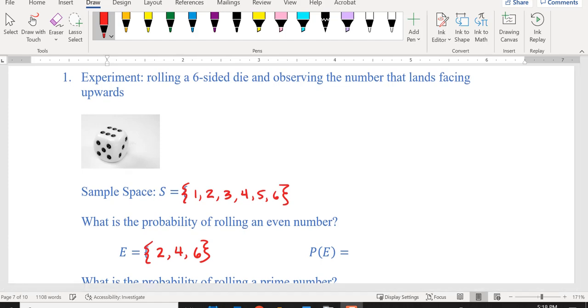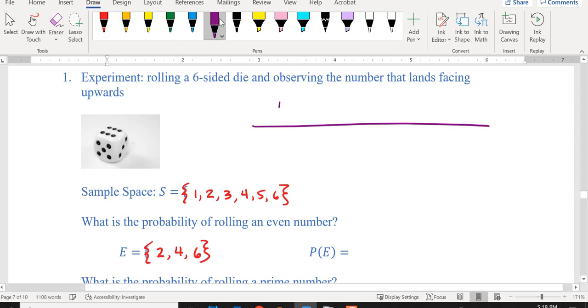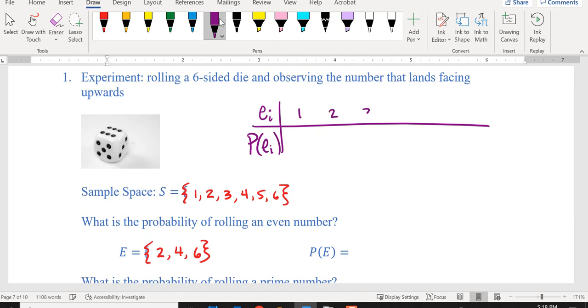Okay, I'm going to go back up to the sample space and define a probability assignment. So here's the event. Here's the probability of the event. Okay, I can roll a 1, 2, 3, 4, 5, or 6. If we're under the equally likely assumption, the probability of rolling a 1 would be 1 out of 6.